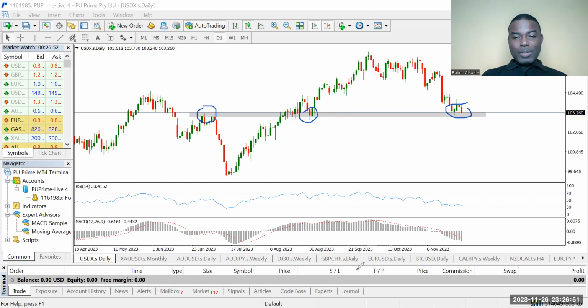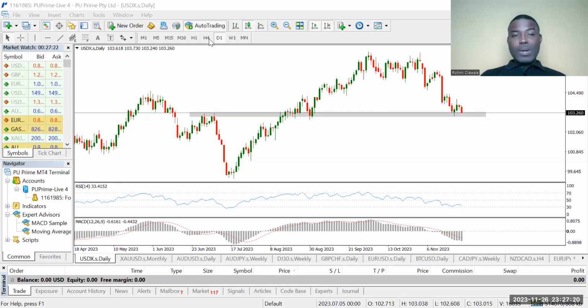On one side, this looks like the possibility of forming a double bottom pattern, which should lead to a bullish breakout. Normally, because price is resting on this resistance turned support level, technically we should also look for a bullish breakout. So right from the daily time frame, I am bullish biased on this instrument.